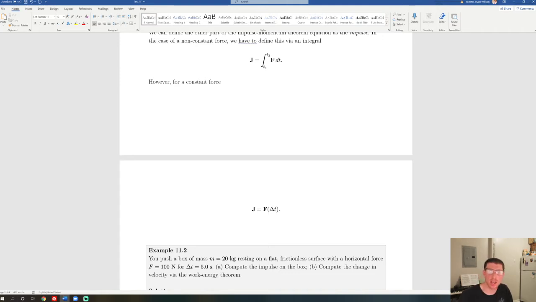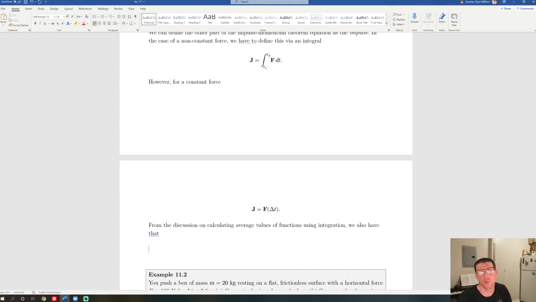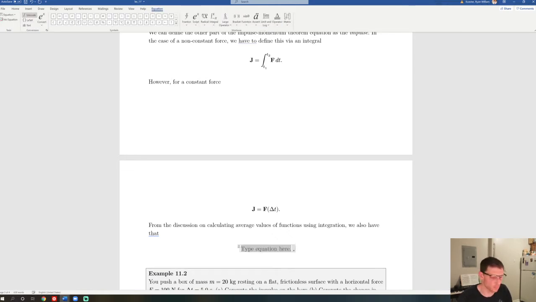But let me just say, from the discussion on calculating average values of functions using integration, we also have that if the force is not constant, but we know what its average value is, then we can write this.